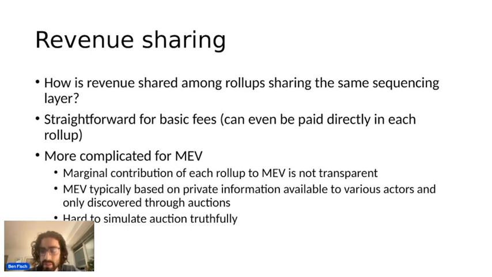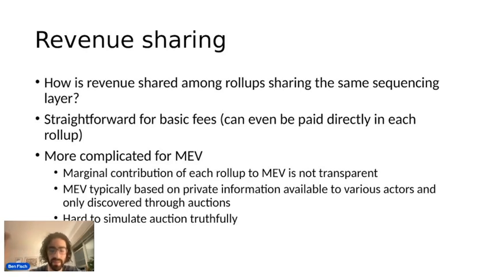All the fees that users are paying on transactions destined for a particular rollup can be attributed to that rollup. It's very easy to attribute what the marginal contribution of a rollup is to the profit generated from basic fees. And in fact, the fees can even just be directly encoded and paid directly in each rollup itself. It doesn't even need to go necessarily through the sequencing layer.